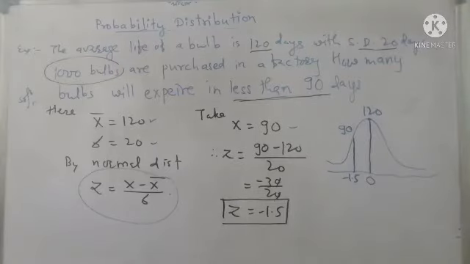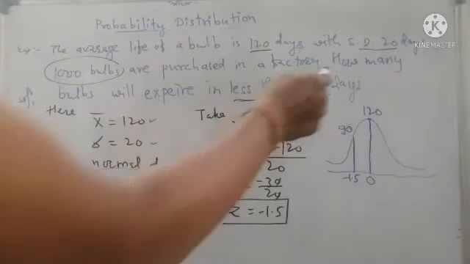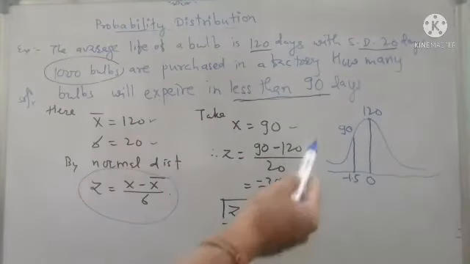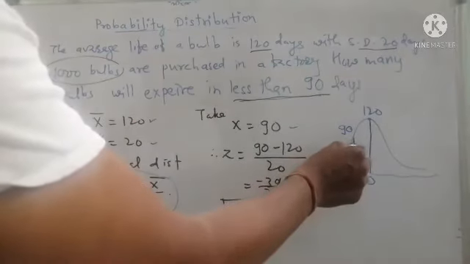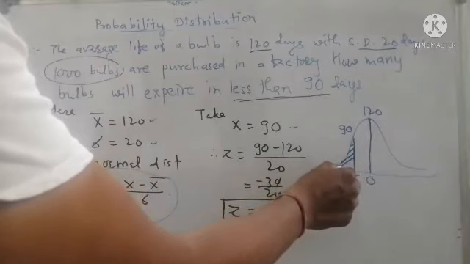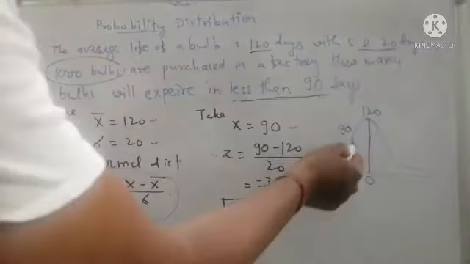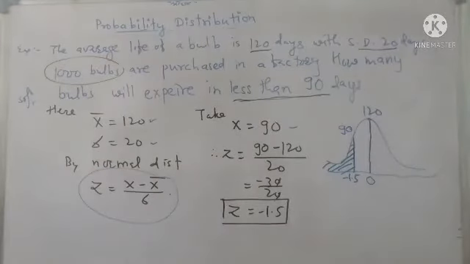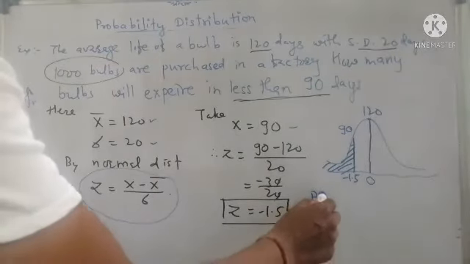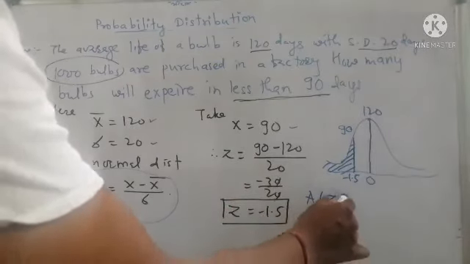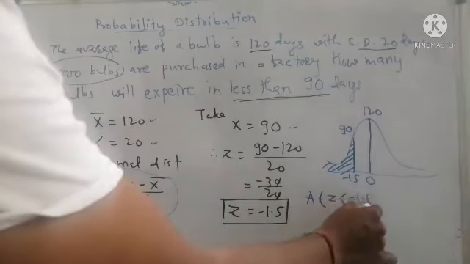Now what we have asked here is how many bulbs will expire in less than 90. Less than 90 means we want the area on the left hand side of this line. So to find this area we use the probability or area having z less than minus 1.5.